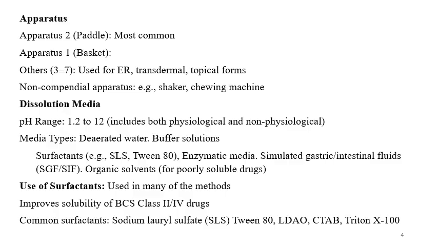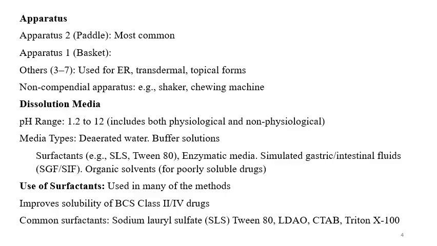Dissolution media pH ranges from around 1.2 to 12, so it includes both physiological and non-physiological media. Media types like deaerated water, buffer solutions and surfactants, and their levels, are given there, like SLS. Enzymatic media are there. Simulated gastric and intestinal fluids information is available. Use of organic solvents is generally restricted, but there are some formulations in which organic solvents are used.